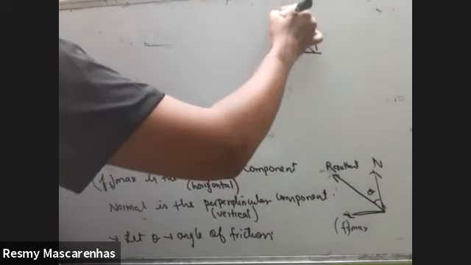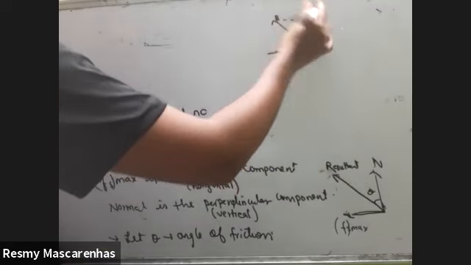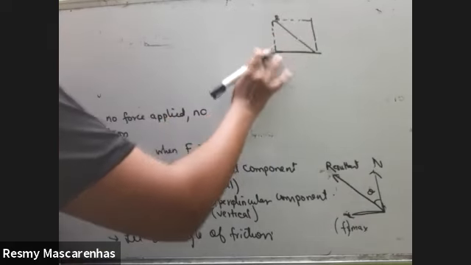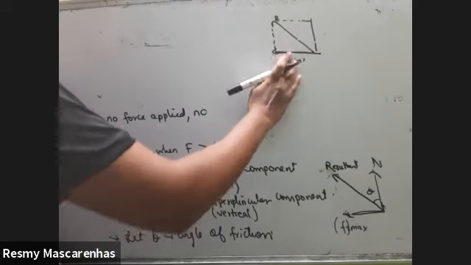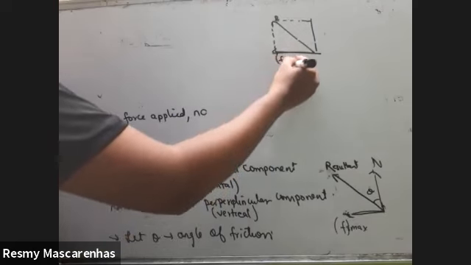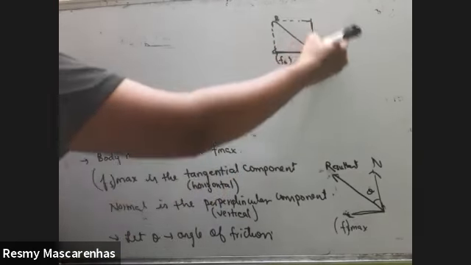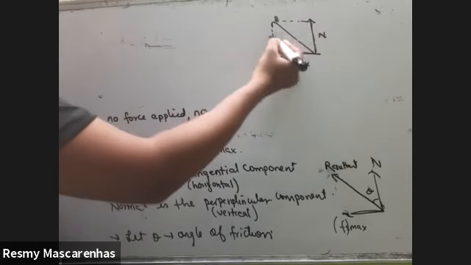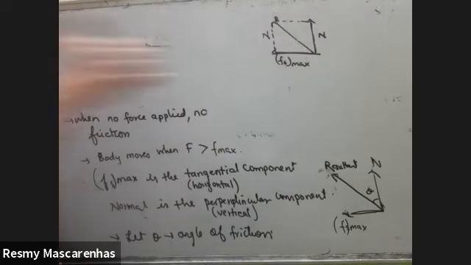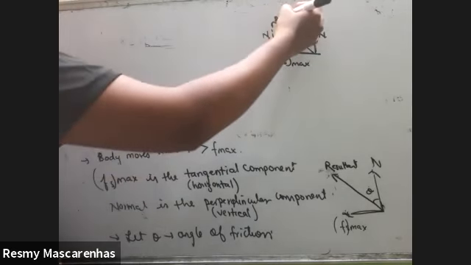This is your R. Using the parallelogram, just complete it. This is your f of s max. This distance is your n. Automatically, opposite sides are always equal, so this will be n, and this will be f of s max.